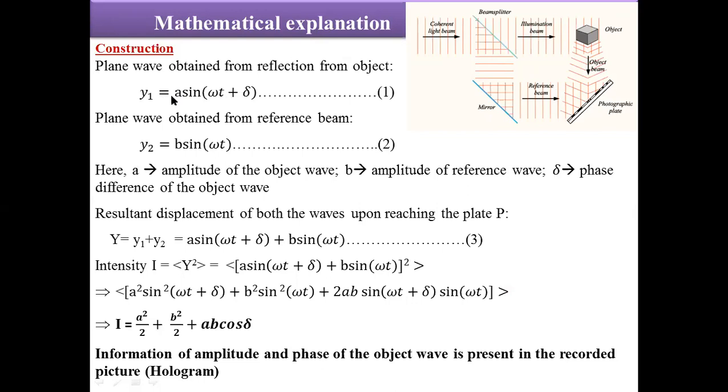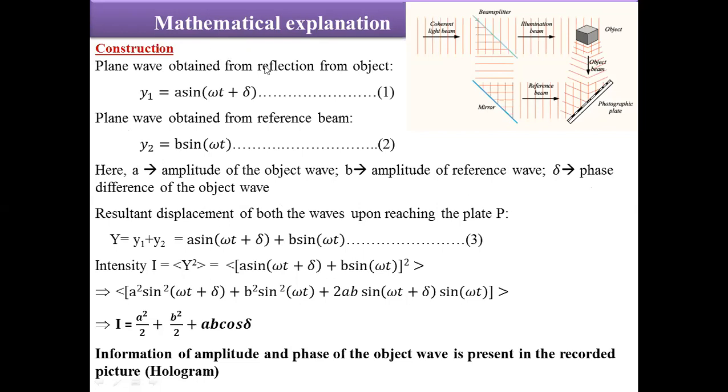Remember, object beam. And the second thing is, from the reflection of the reference beam, another plane wave is expressed as y2 equals b sin(omega t). Here b is the amplitude of the reference beam, a is the amplitude of the object wave, and delta is the phase difference of the object wave.